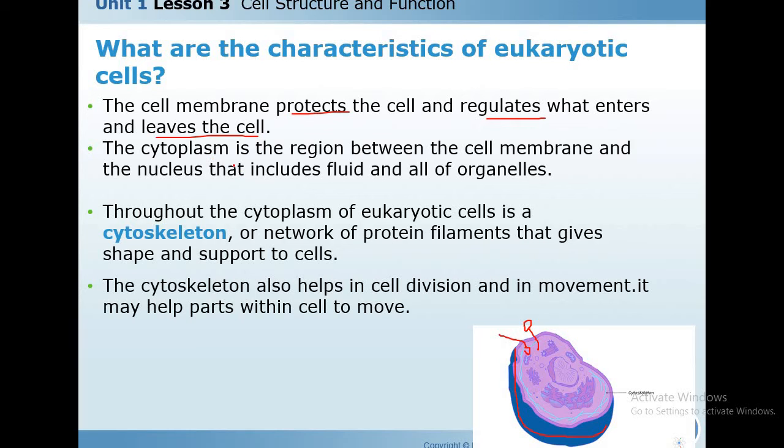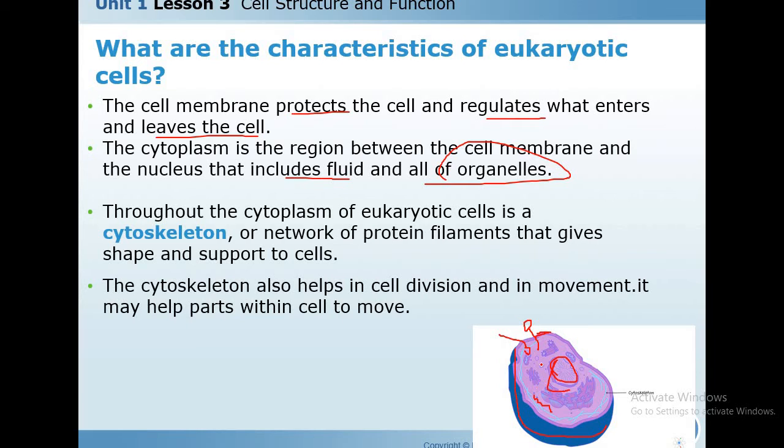The cytoplasm is another part, the fluid inside the cell. In the region between the cell membrane and the nucleus, the oval organelle, is the fluid called cytoplasm, that includes fluids and all of the organelles.